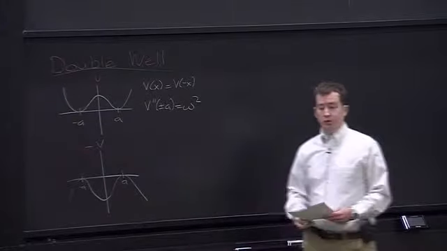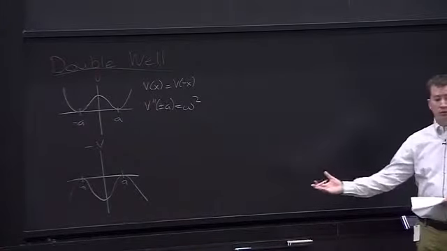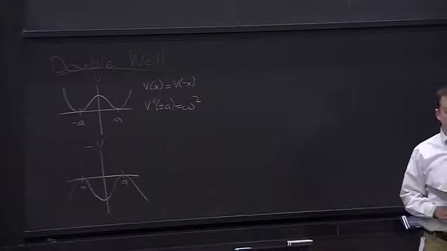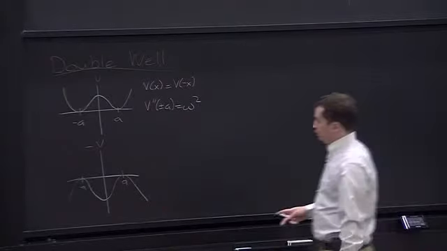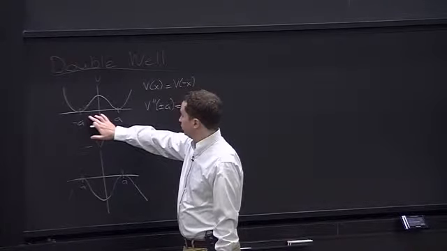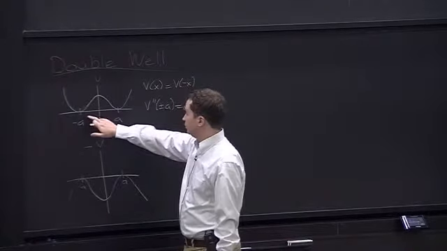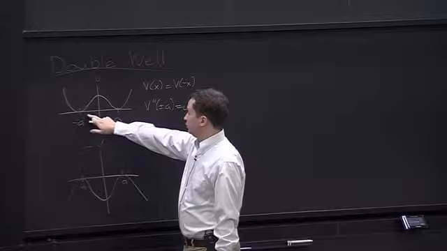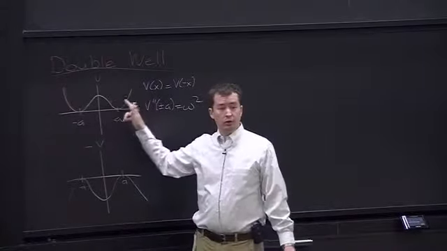And so again, our goal is going to be to try to compute the ground state energy. We'll also compute the splitting between the energy levels. So classically, this has two degenerate minima.